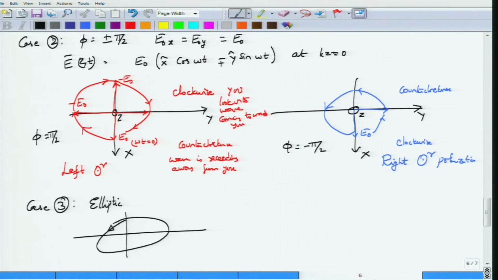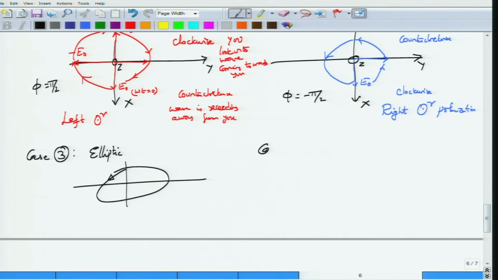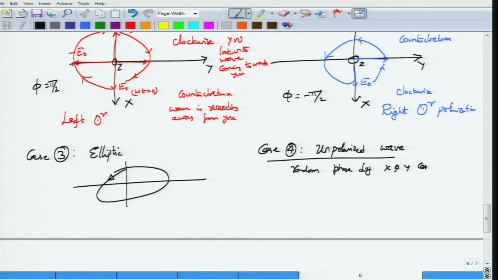You could again have left elliptic polarization or right elliptic polarization, but that is really not of much interest. Finally you have the sometimes very important case of the unpolarized wave. When someone speaks of it, you should know that this is not one of the first three cases that we talked about. This can happen when there is a random phase difference between the x and y components.